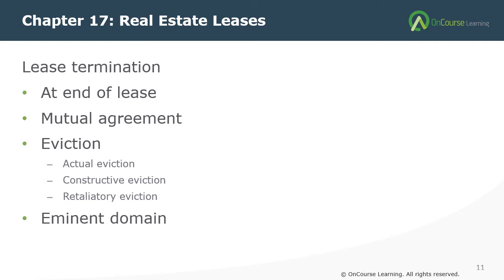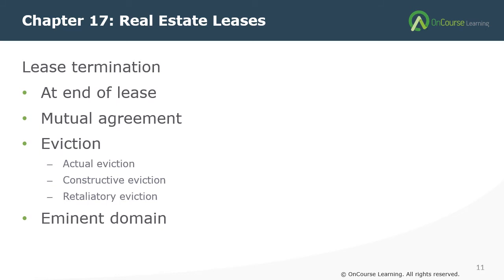A lease can also be terminated due to eminent domain. Remember what eminent domain is. It's the right of a government or a quasi-governmental body to take private property for a public use.